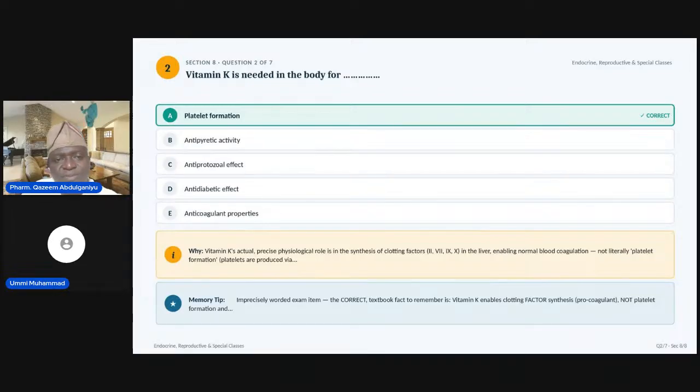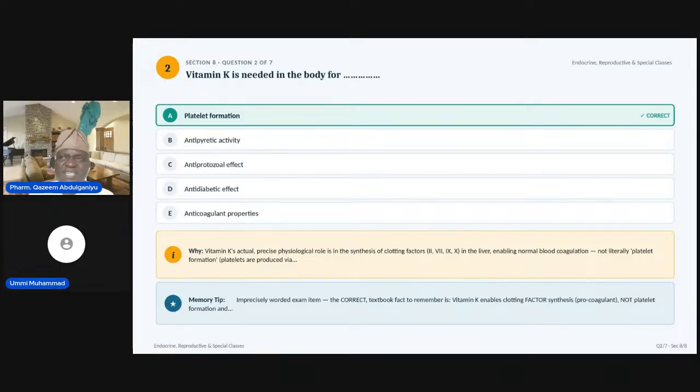The next one is vitamin K is needed in the body for platelet formation. As a matter of fact, it plays a role in the synthesis of some clotting factors, factor 2, 7, 9, and 10 in the liver, enabling normal blood coagulation to take place.